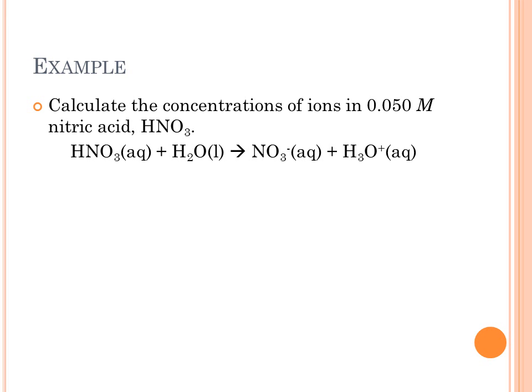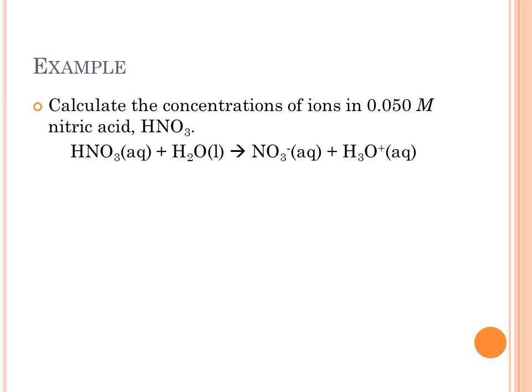equation for the ionization, we have nitric acid plus water forming nitrate and hydronium ion. Notice the one-directional arrow, 100% ionization. We'll worry about calculating concentrations of weak acids and weak bases another time. I'll do another presentation for the equilibria of those weak acids and weak bases.